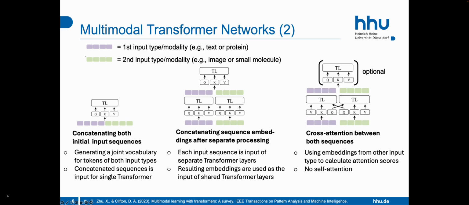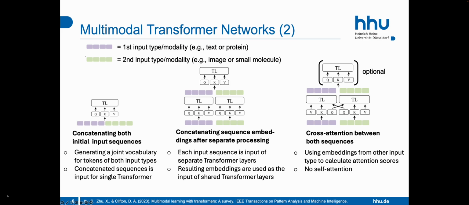And the last option we're shortly discussing is using cross-attention between both input sequences. This means we have 2 separate sets of transformer layers, but for calculating the attention scores, we're using the embeddings from the other modality. We know that we have 3 types of inputs to our attention function: queries, keys, and values, represented in the image by Q, K, and V. And typically in our encoder, these are the same and are equal to the embeddings of the input sequence.